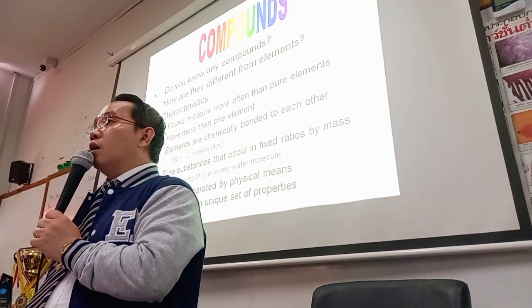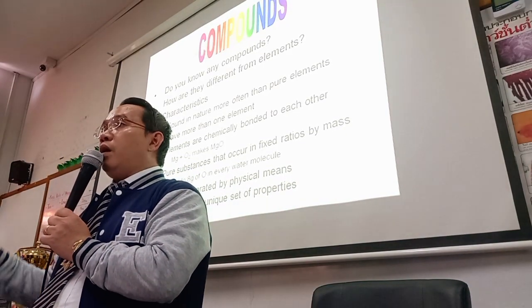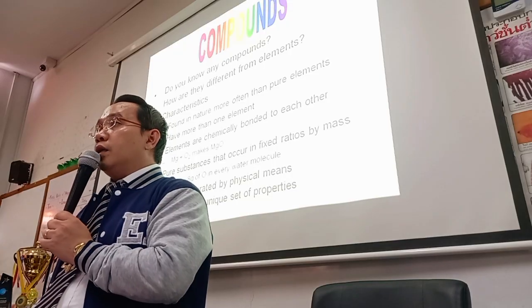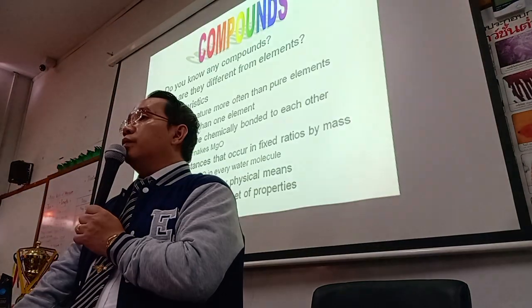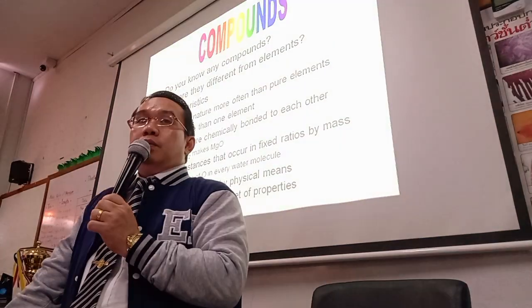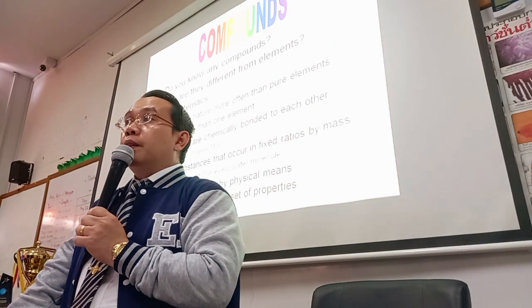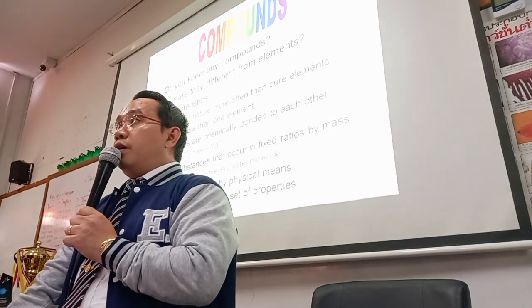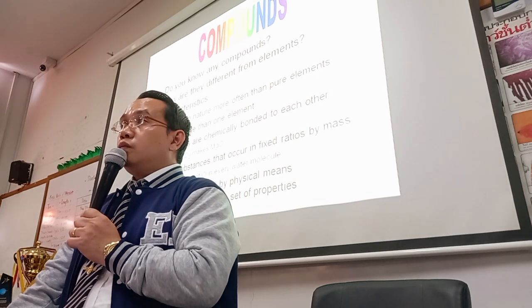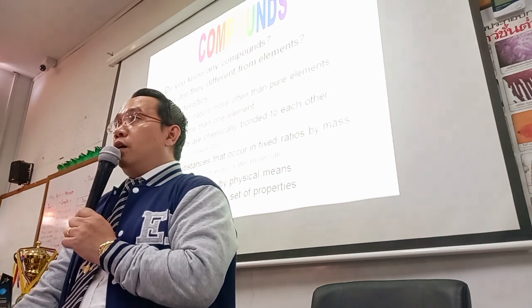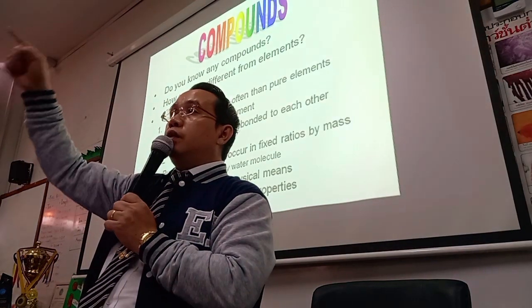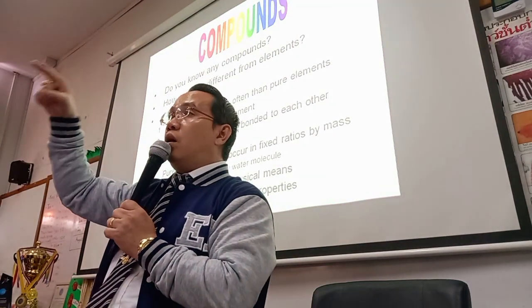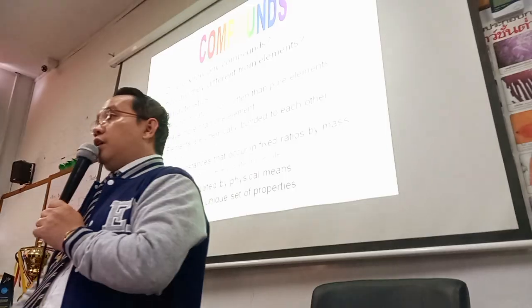So that's how we name water as a compound. How about carbon dioxide? It is a combination of carbon and oxygen: one atom of carbon and two atoms of oxygen. That is why we write it as CO2, carbon dioxide gas.